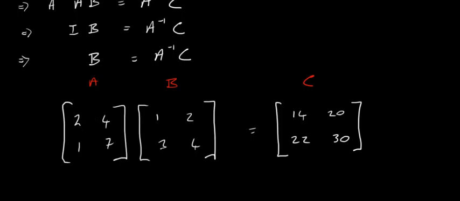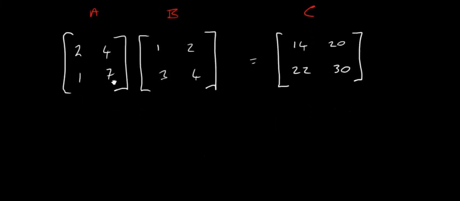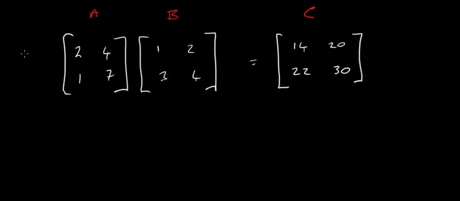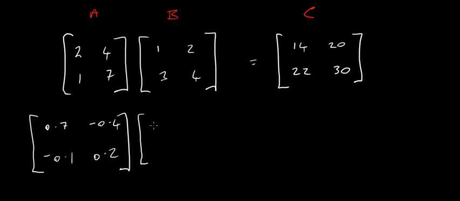So I'm going to multiply both sides by the inverse of A. Now the inverse of A, as we saw before, was 0.7, minus 0.1, minus 0.4 and 0.2. So I'm going to do that here, then I'm going to multiply that by 2417, and I'm going to write this down, 1, 2, 3, 4 here.